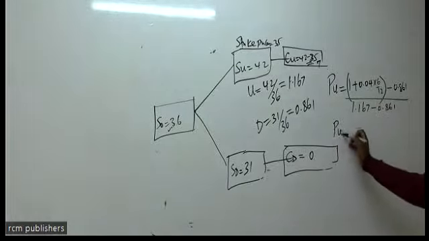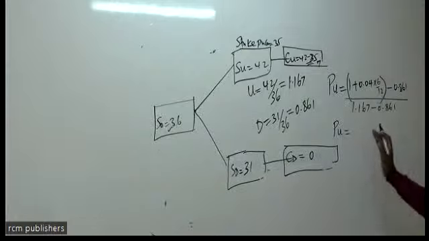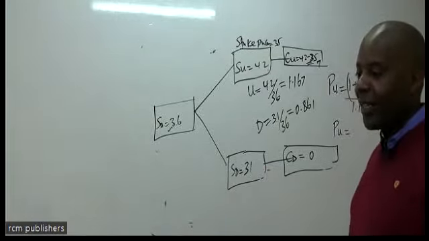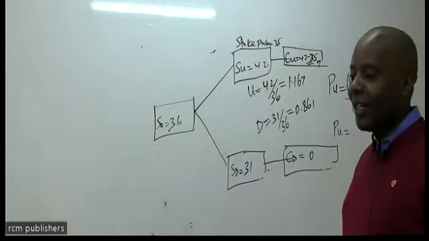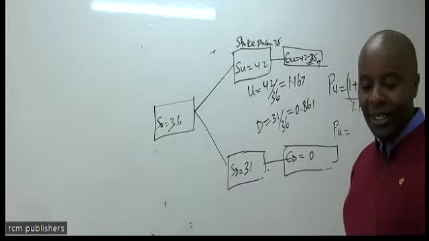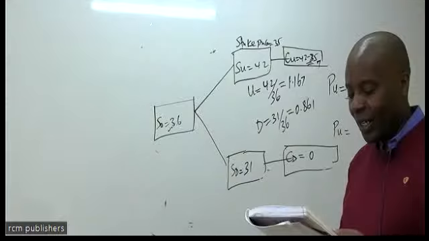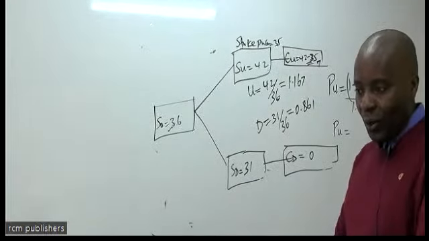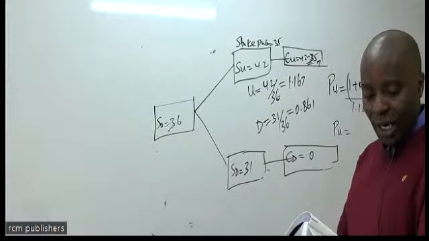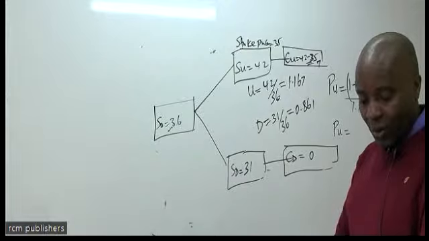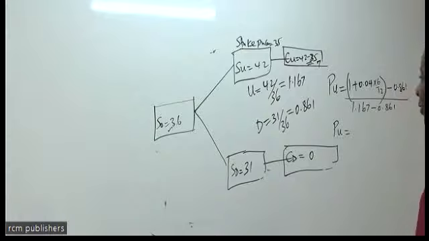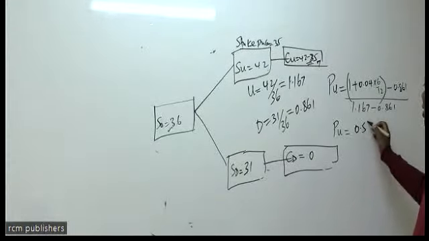So then the PU will be equal to, great, we are almost there. So 0.52, thank you very much.